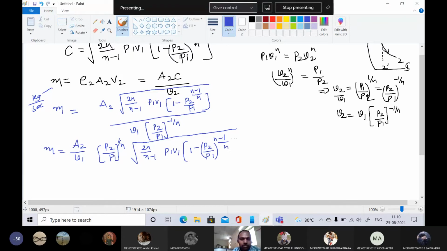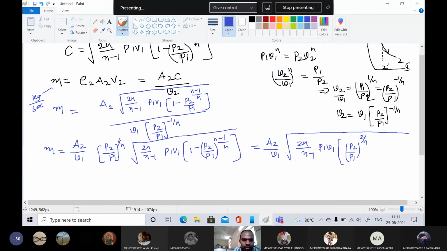Okay. So now what I am doing, I am taking this P2 by P1 value inside, therefore it will become 2 by n. So that is equal to, simplification I am doing, A2 by V1 into square root of 2n by n minus 1 P1 V1 into (P2 by P1) whole power 2 by n, because I am taking it inside the square root, it will become squared.